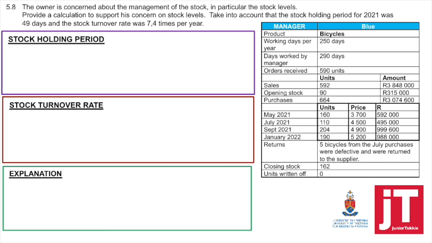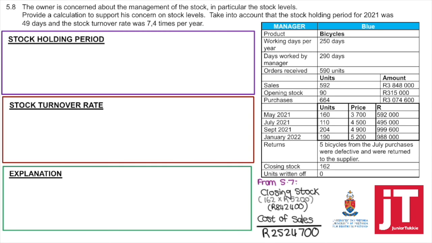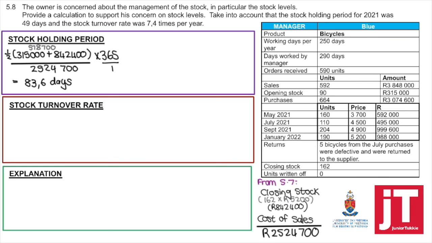To calculate the stock holding period, we have to use now our answers that we've calculated in 5.7. In 5.7, we calculated the closing stock and we calculated the cost of sales. My average stock is beginning plus end divided by 2.